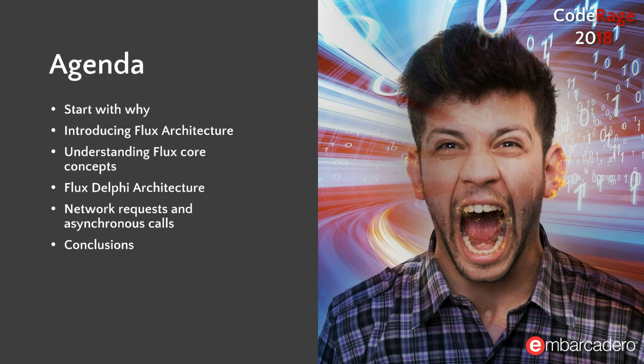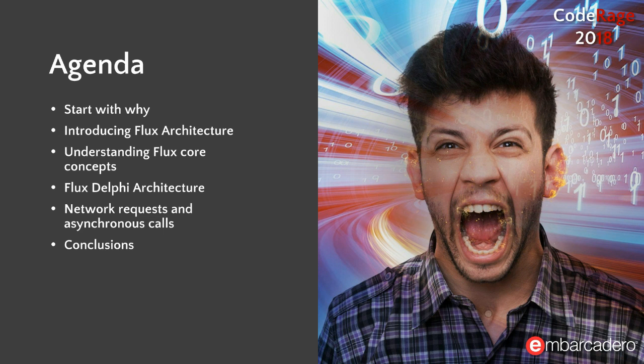So let's start with the agenda. I'm going to start with the why of this architecture. Then there is an introduction to Flux architecture: what is Flux, and what are the Flux core concepts, the main concepts of this architecture?